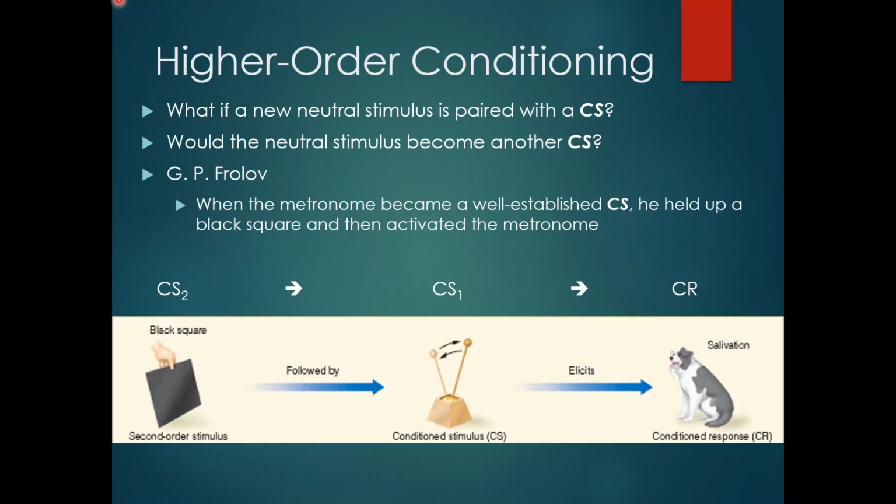This was first discovered by, I always say his name wrong, Frolov. And what he learned was that after the metronome had become a well-established conditioned stimulus, and that's very important, you have to wait until CS1 has been established, he then held up a black square and activated the metronome, and the black square became another conditioned stimulus over time.